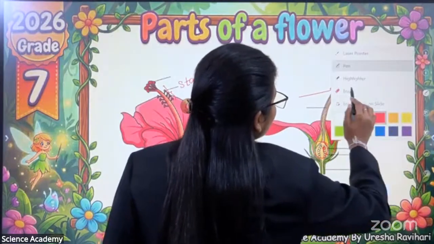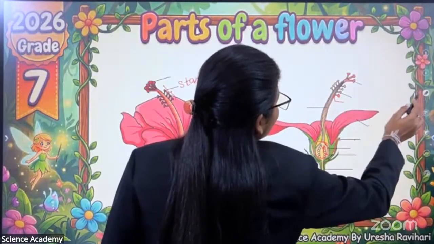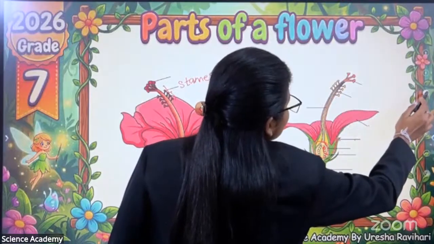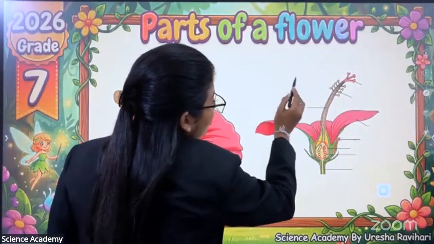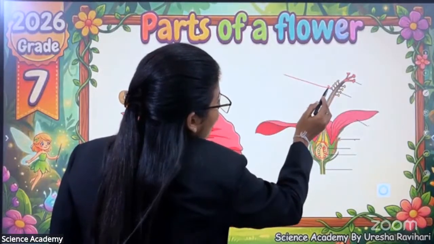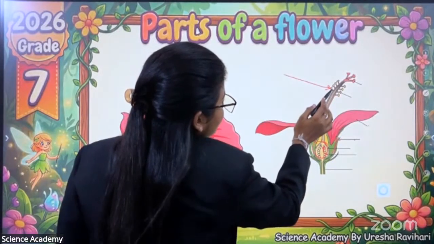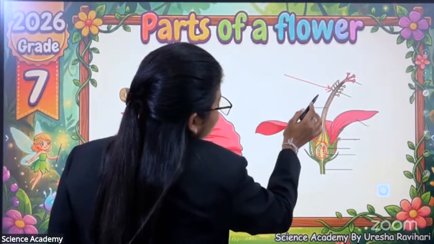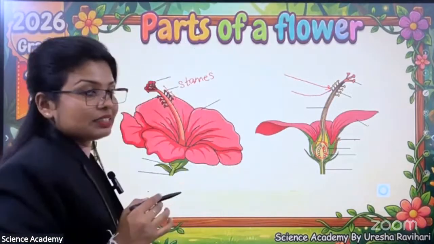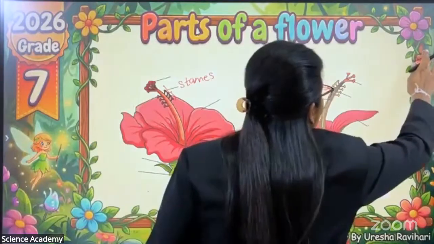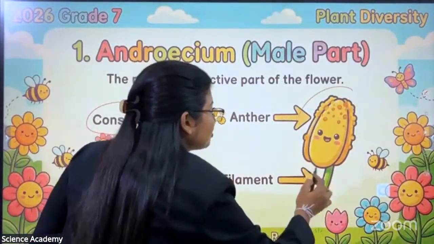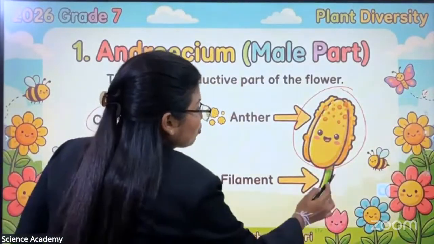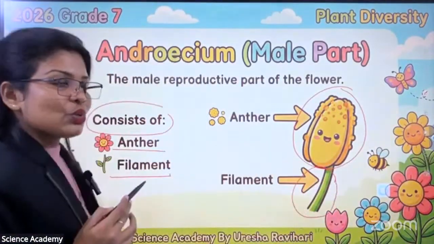If I show you in a clear, full manner, these white colored heads are called anthers. This fibrous structure is the filament. In the enlarged diagram, this is the anther and this is the filament.